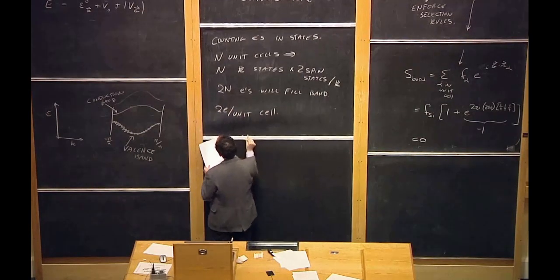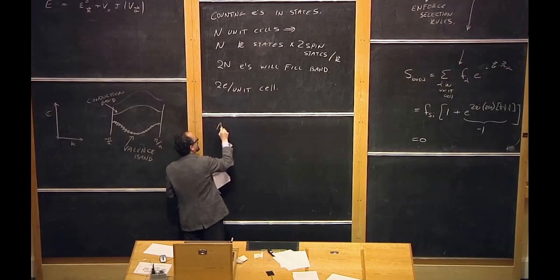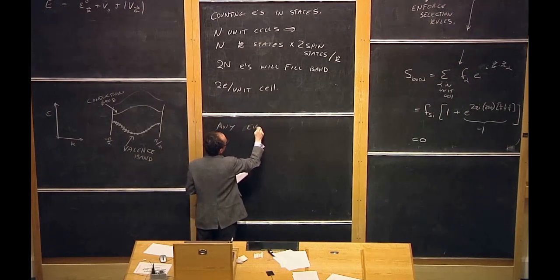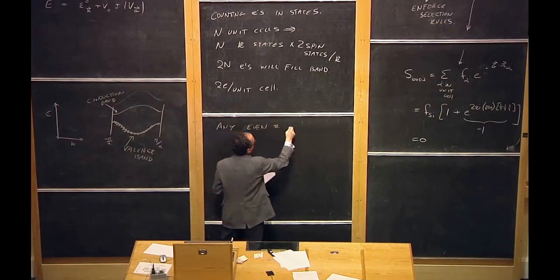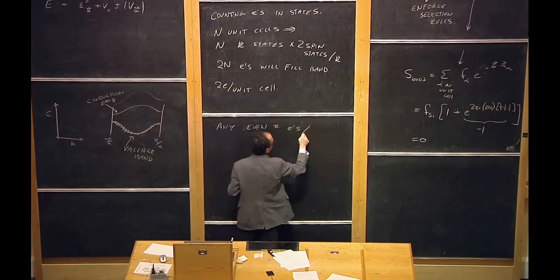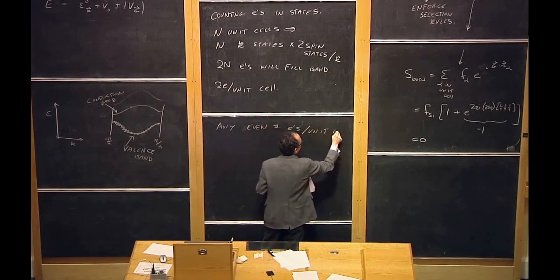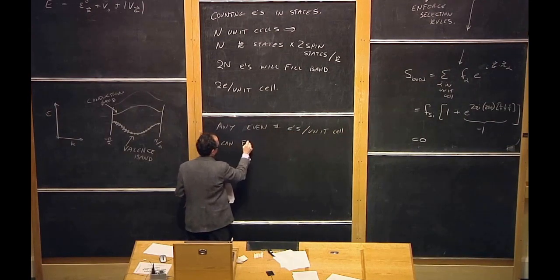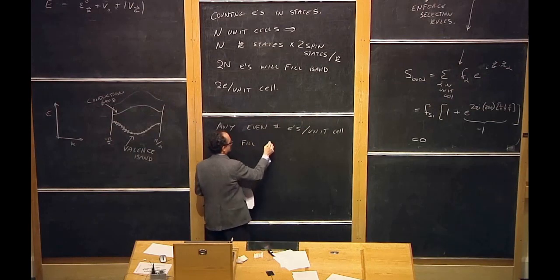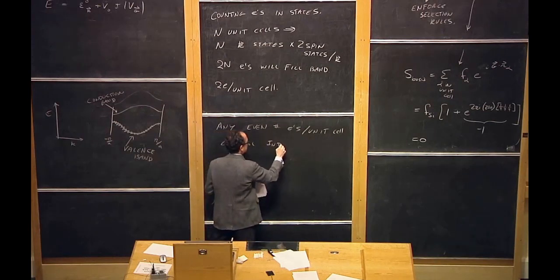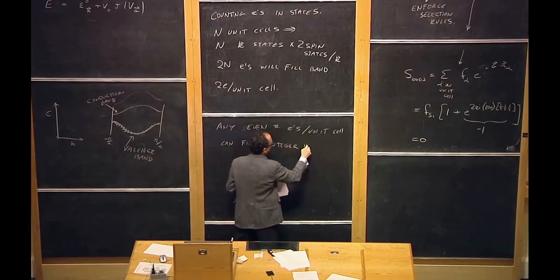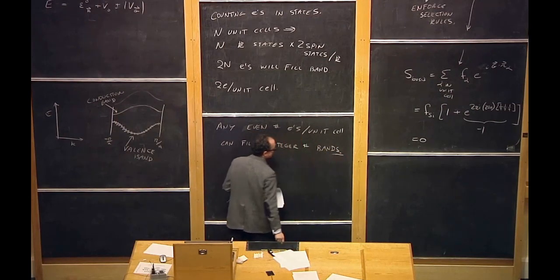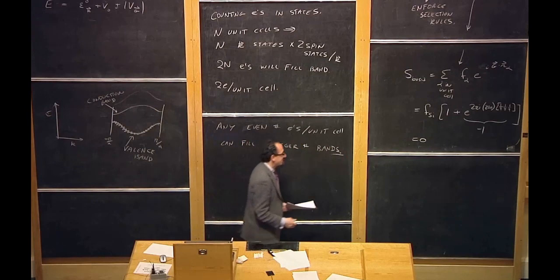So you expect that if you have any even number of electrons per unit cell, you can fill an integer number of bands.